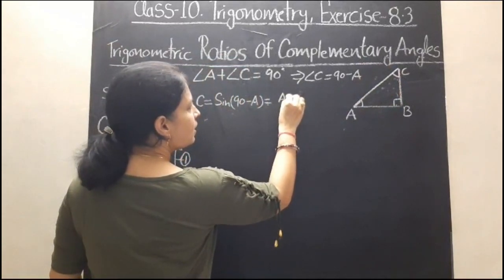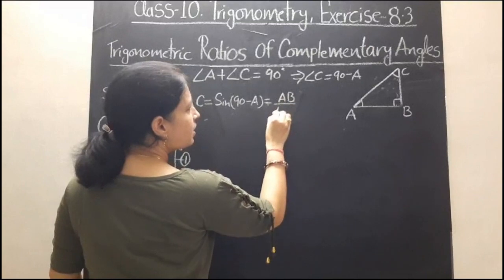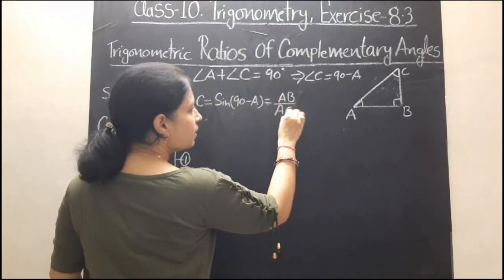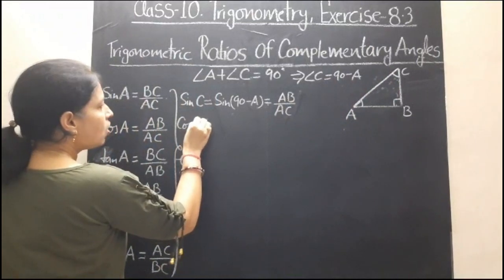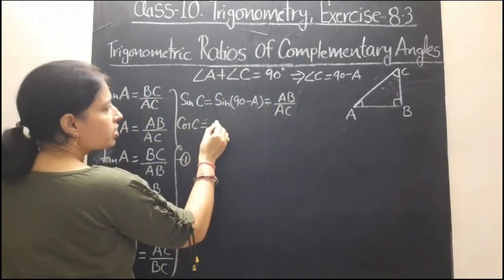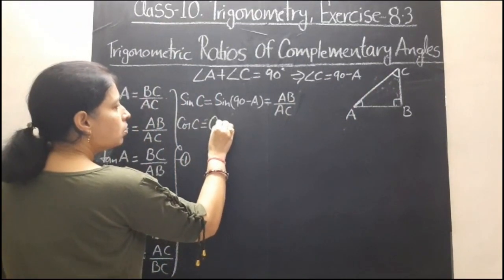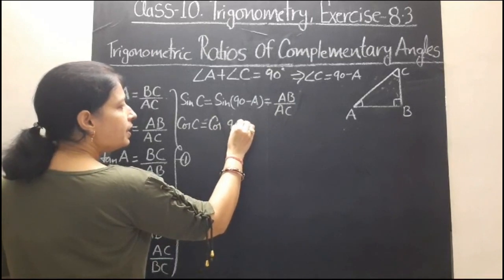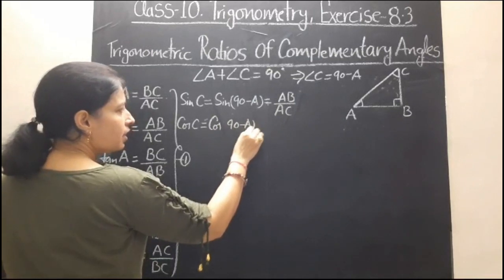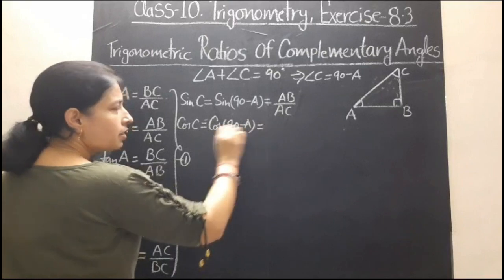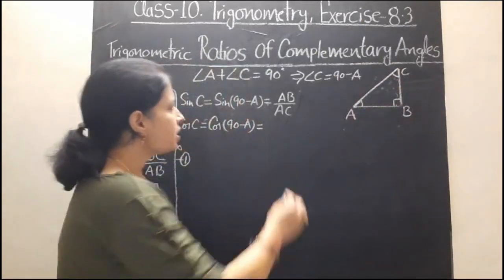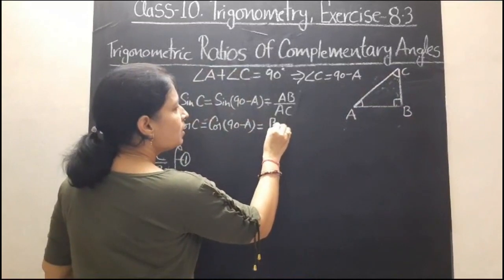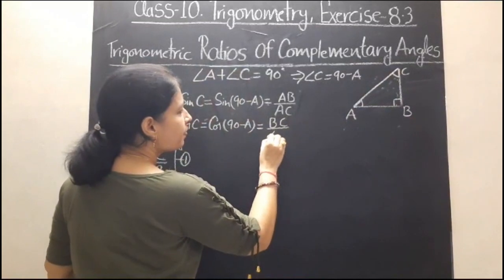Then cos C is equal to cos 90 minus A. Cos C will be base by hypotenuse, so that will be BC by AC.